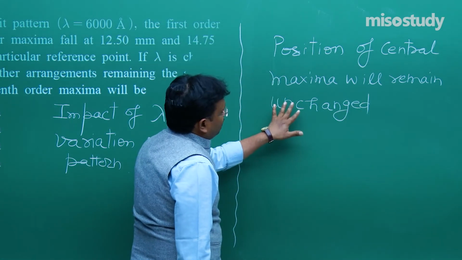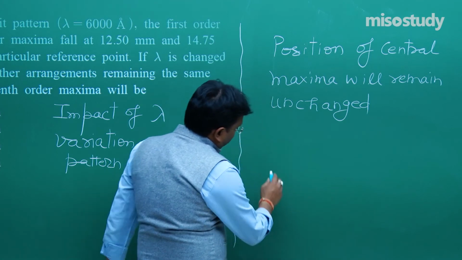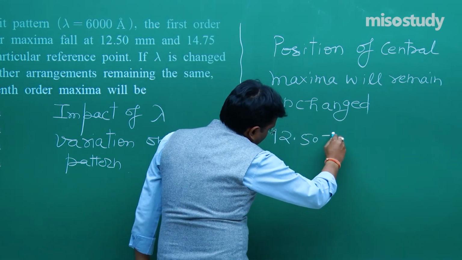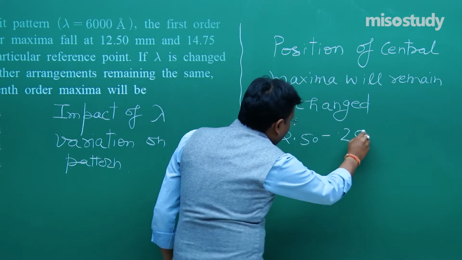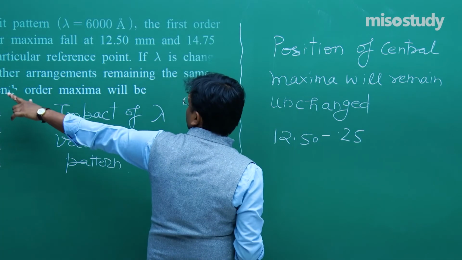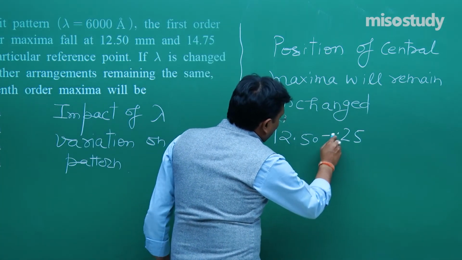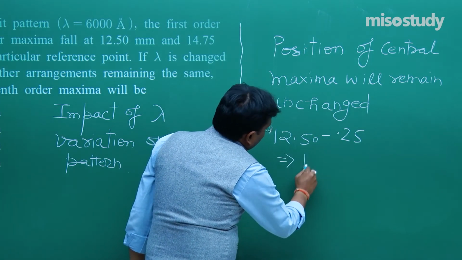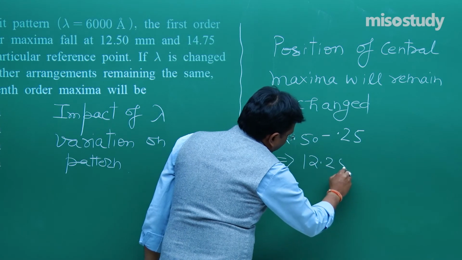Unchanged. Position of central maxima will remain unchanged. So, what you can say is 12.50 minus 0.25, 12.50 mm given minus 0.25 mm. So, ultimately you will get 12.25 mm.